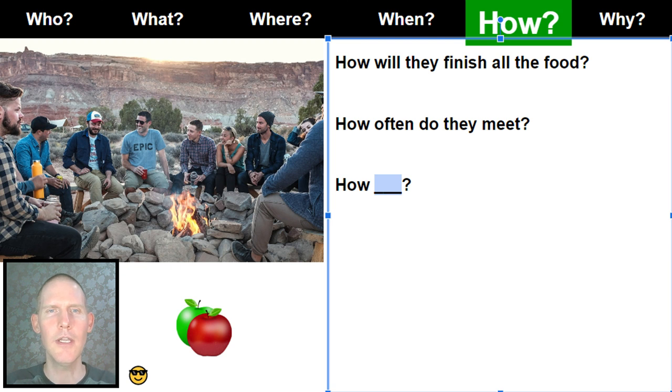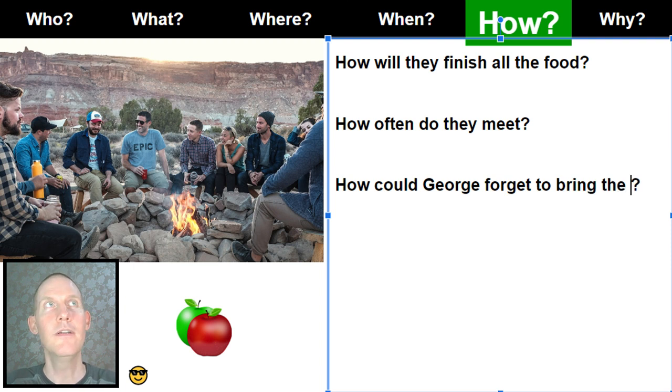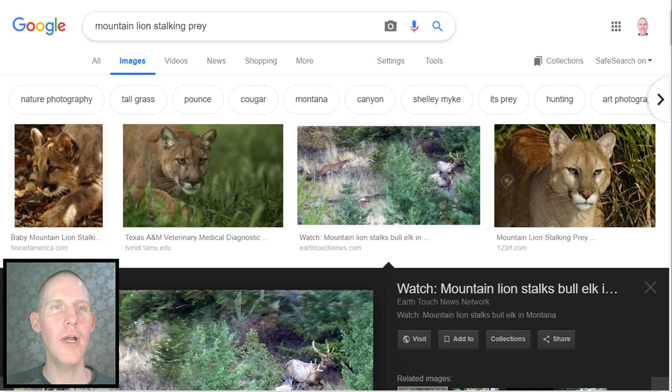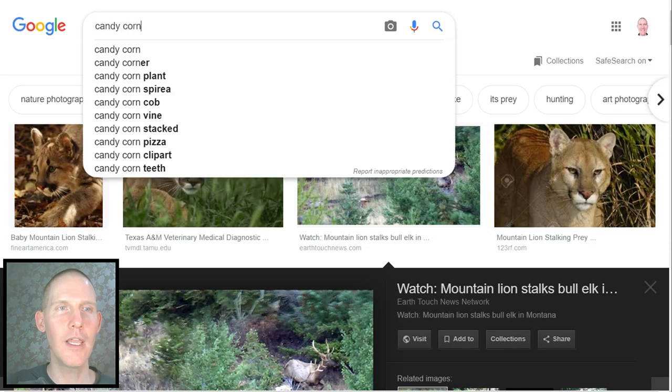Let's see, we could say, how could George forget to bring the candy corn? Do you know what candy corn is? It's very common in the US. Let's take a look. We're going to go to Google image search. Goodbye, mountain lions. Hello, candy corn.